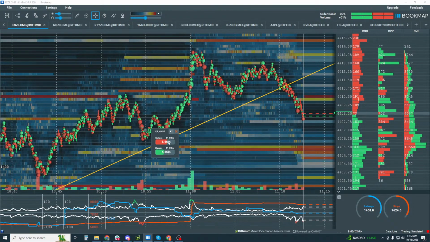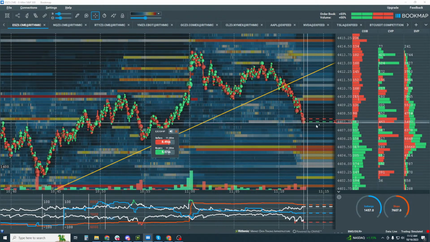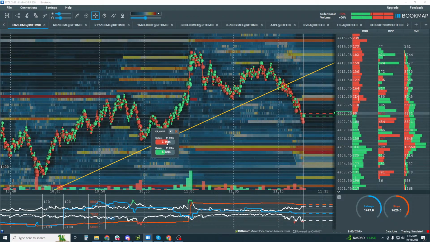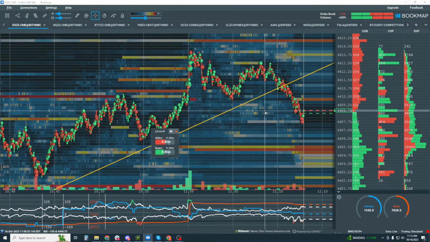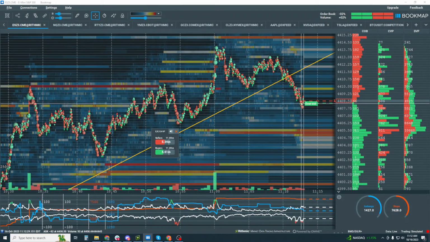So again, the commitment on that sell side is just not so convincing. We do have the order book here on our side as well, and we do have this confluence here of all stock indexes as well. So I don't know.